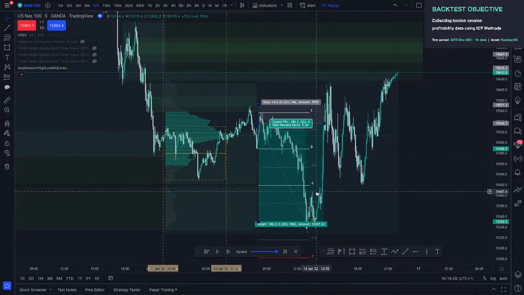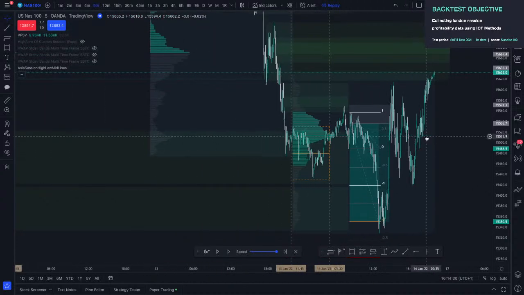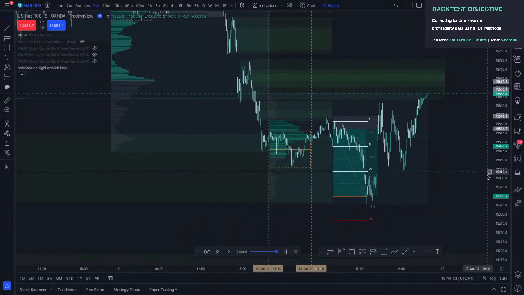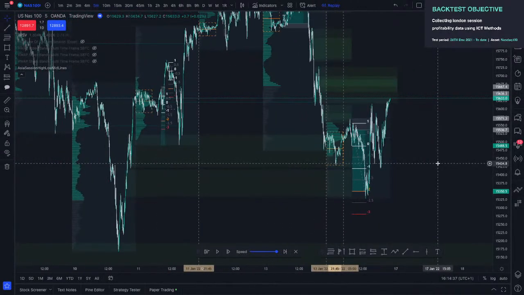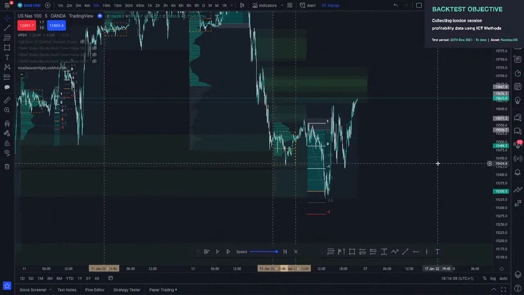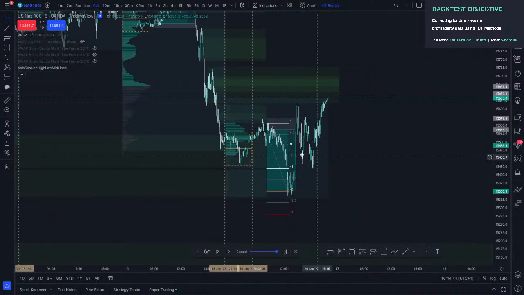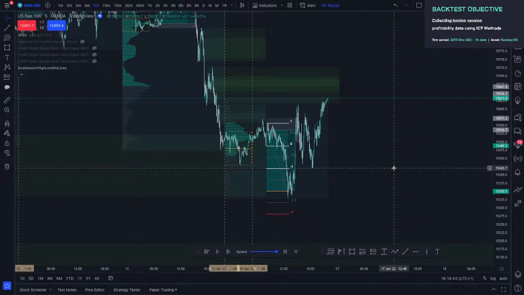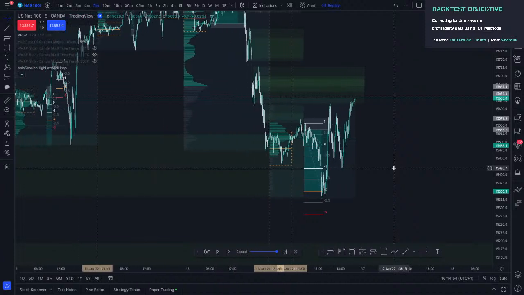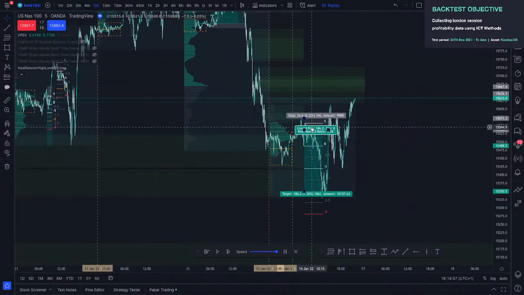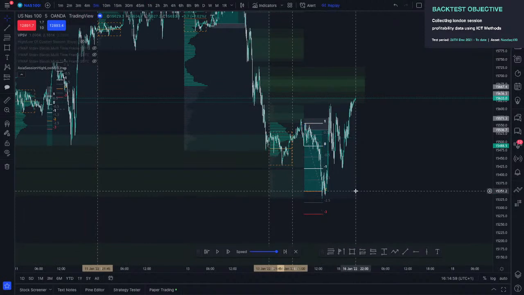Somehow I got lucky because my daily bias was bearish, but I guess my daily bias was wrong. Yeah, my daily bias was wrong because this is more of a balanced day than anything else. No, sorry. My directional bias for the day was right, but my daily bias for the next days was wrong, and it was right as far as the London.